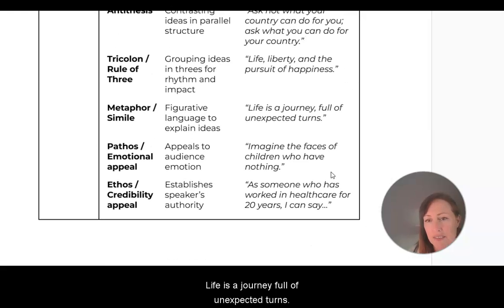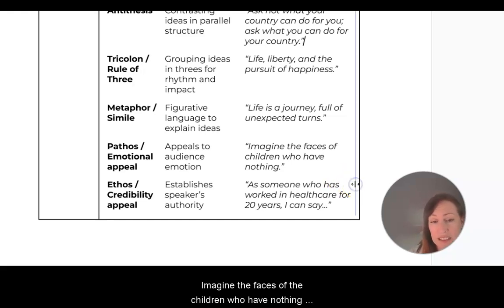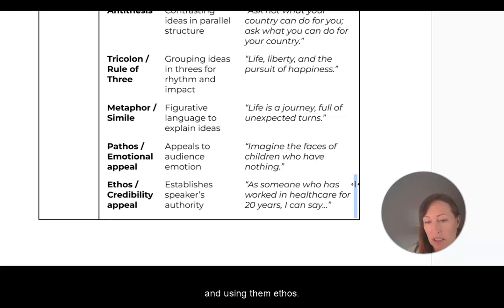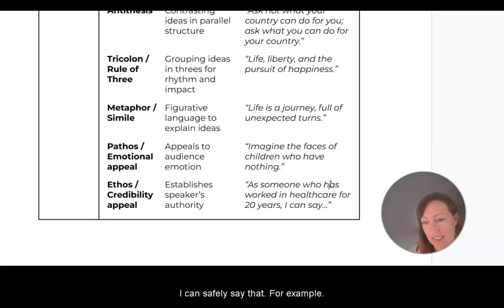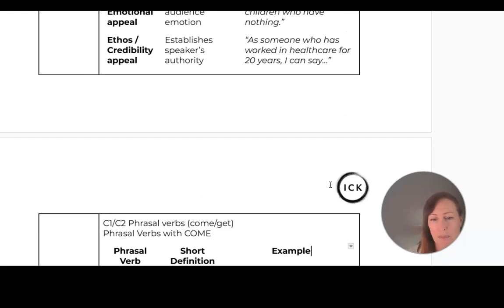Life is a journey, full of unexpected turns, so using more figurative language. Using emotion: imagine the faces of the children who have nothing. And using ethos: as someone who has worked in healthcare for 20 years, I can safely say that, for example.